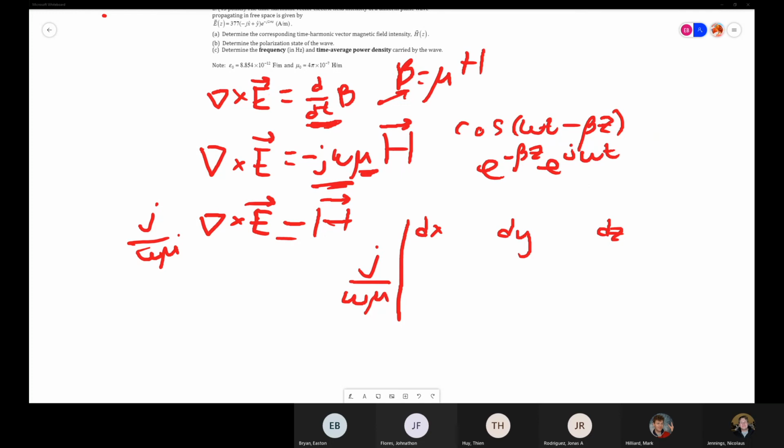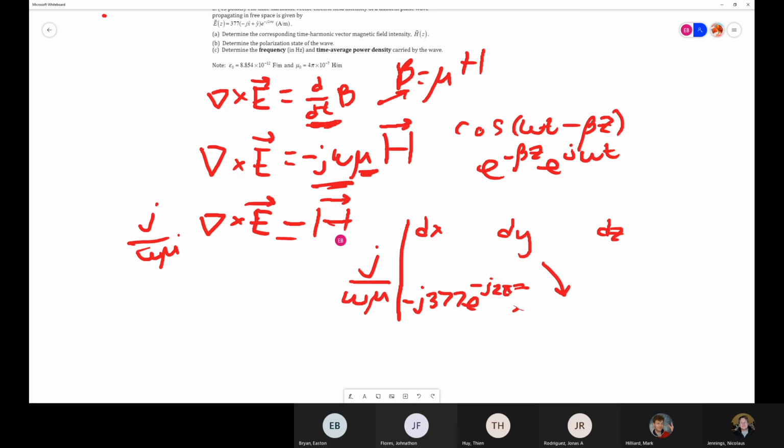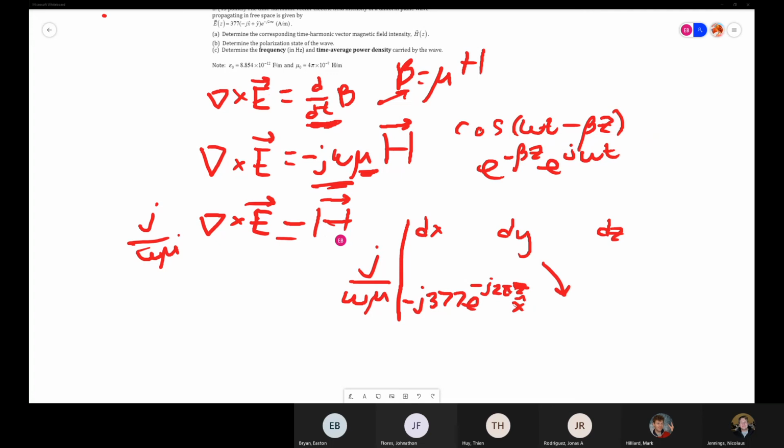So for x, it's going to be negative j377 e to the negative j2 pi z, and that has an x hat.